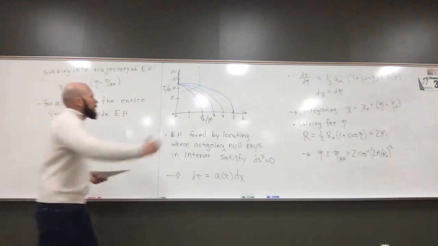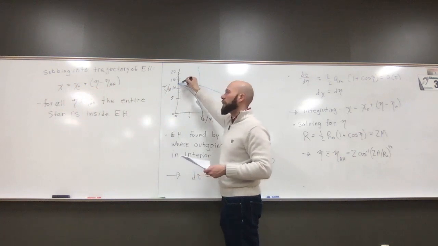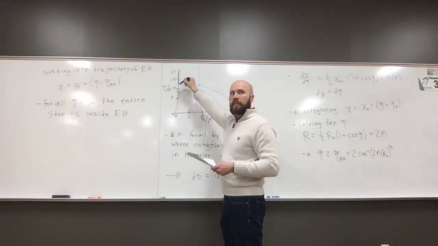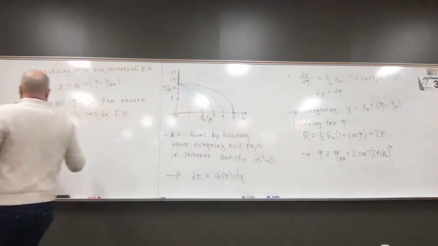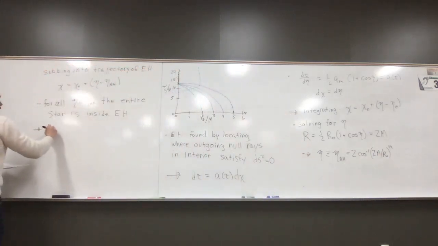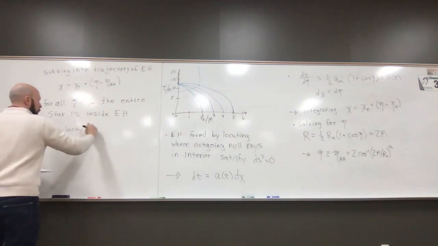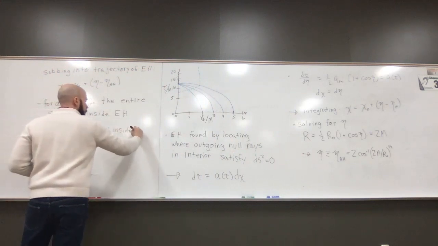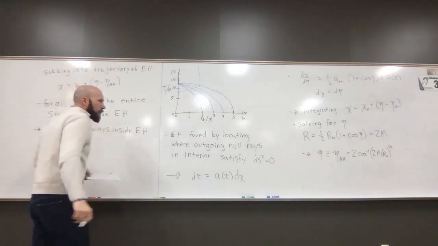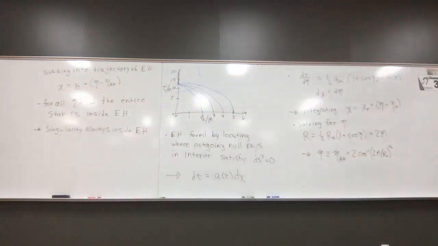And like we were talking about before, the event horizon forms before the singularity. And this actually leads to, just put that up, the singularity that forms is always inside the event horizon. This and some other evidence led to the famous Penrose cosmic censorship conjecture.